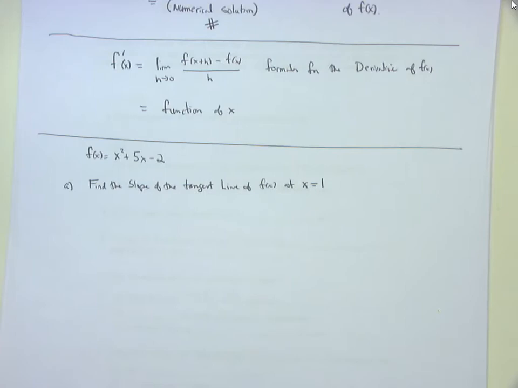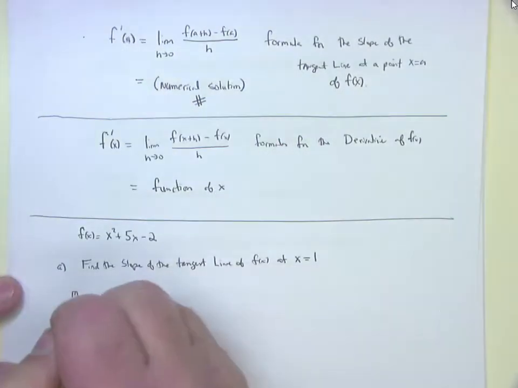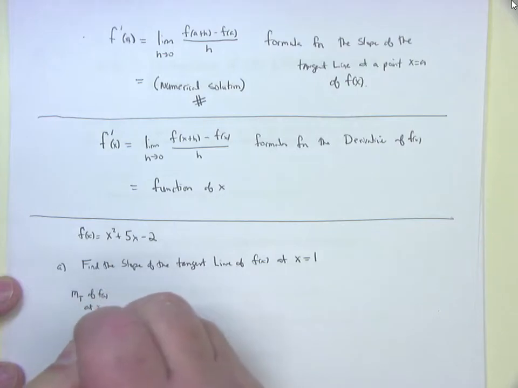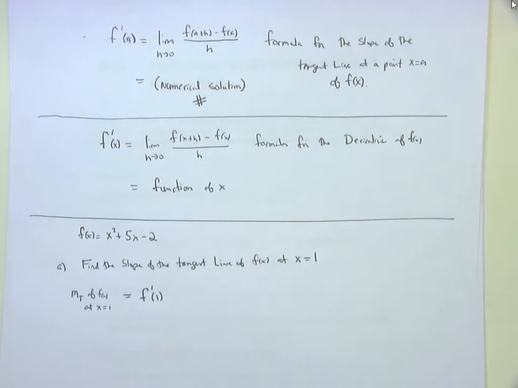Once you find the slope of the tangent line of this function, x squared plus 5x minus 2, at x equals 1, officially what we're looking for in terms of my formulas is f prime of 1. That's what I'm looking for.